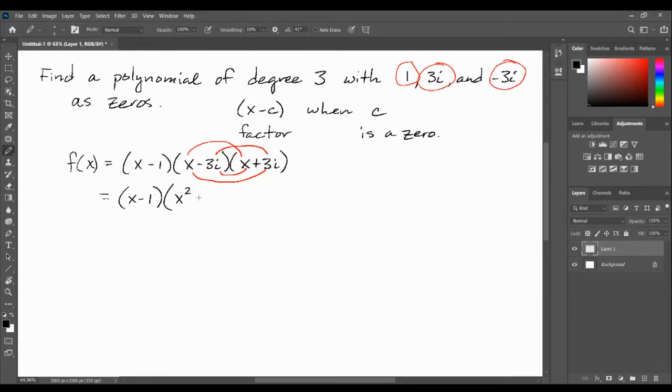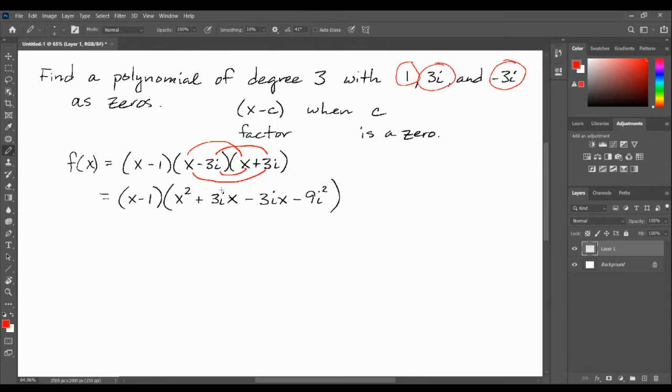Outside is x times 3i, which is 3ix. And then inside, negative 3i times x is minus 3ix. And then last, negative 3i times positive 3i is not positive, but it's negative 9i squared.